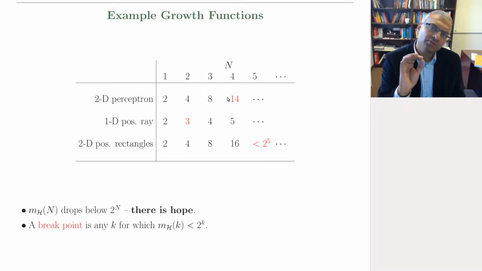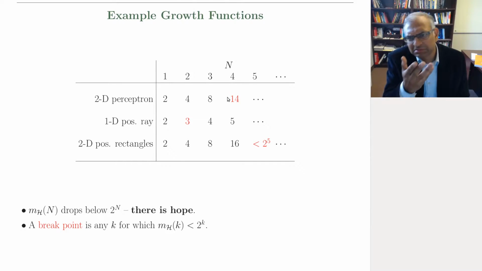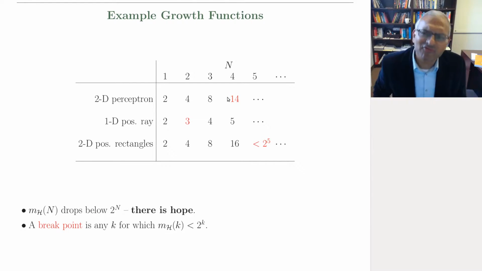So this means that the 2D perceptron is broken. A deficiency of this hypothesis set has appeared at just 4 data points. Wow. We thought this was an uncountably large hypothesis set, but it's infantile. It gets destroyed by 4 data points.